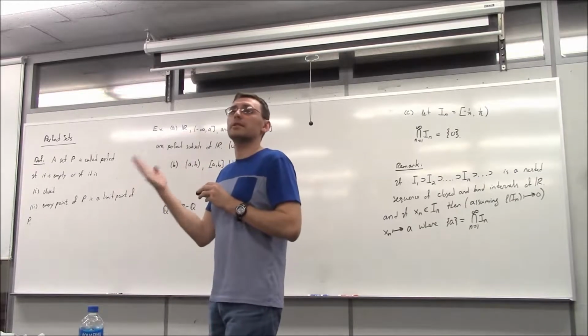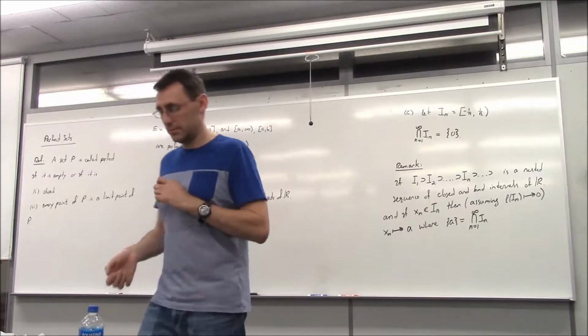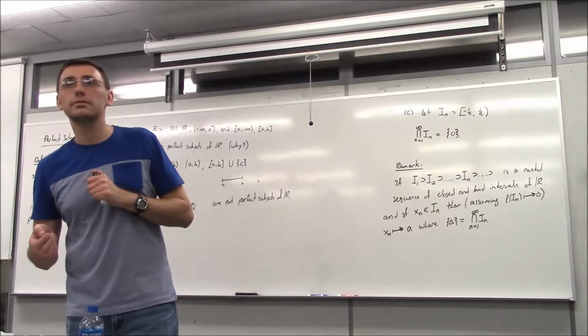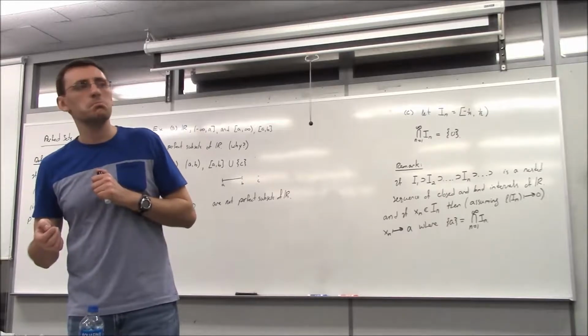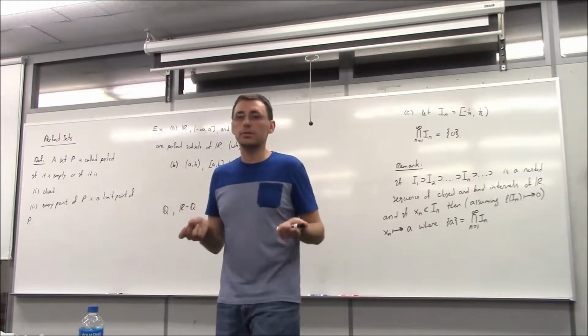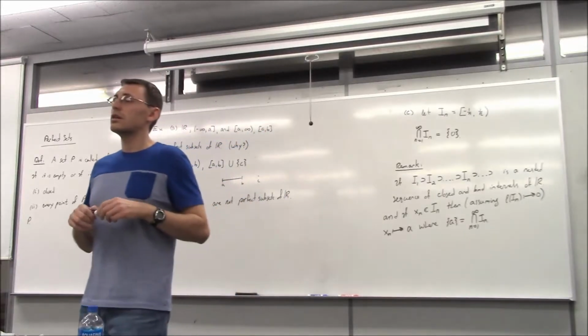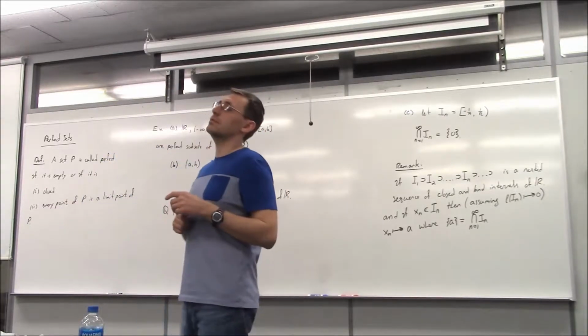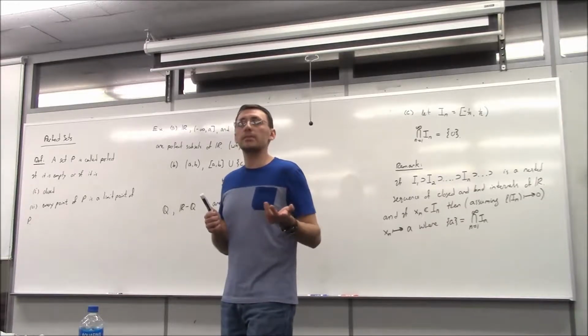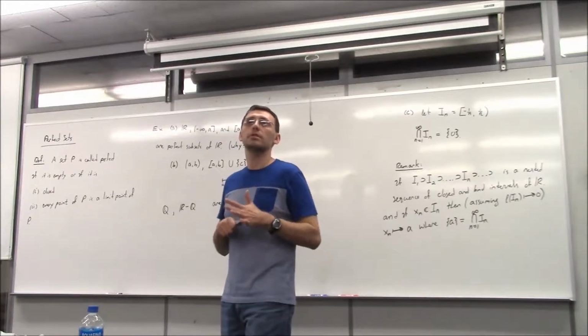Every point of what is a limit point of what? Every point in Q is a limit point of R? No, it is, because every point in Q is a limit point of Q. Is Q not closed because it's not 0? It does have 0, but is Q closed or not? What's the problem? Why is Q not closed?